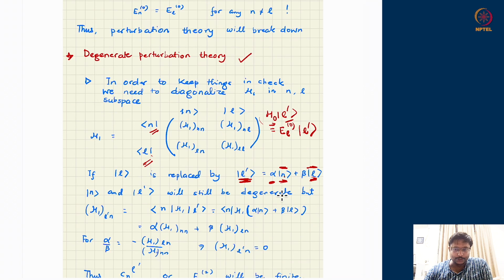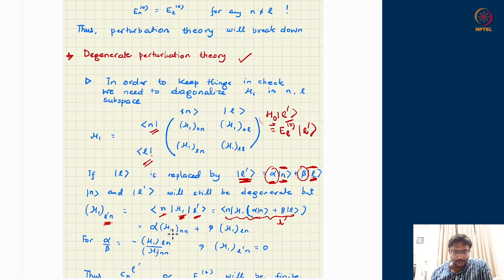However, while doing so, I can carefully select some alpha and beta such that H1L primed n, the off diagonal term in the new wave function basis, is 0. That means I want H1L primed n to be 0. So I compute what is H1L primed n. That will be H1 squeezed between L primed and n, with L primed from the left and n from the right, and I want this to be 0, which I can open up.